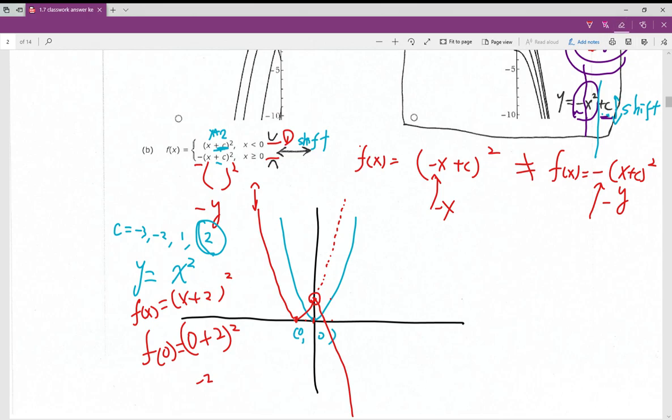Any graph looks like this. Any graph looks like that. Let me see which one.